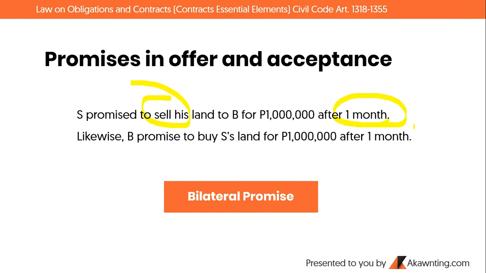Magkakaroon pa tayo ng contract na tinatawag natin siguro contract to make a sale. Pero meron ng perfected contract. Ibig sabihin, mababind na si S and B within their promises. So this is an example of bilateral promise.